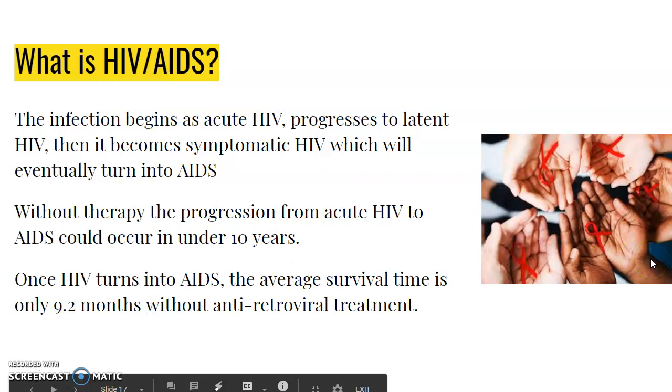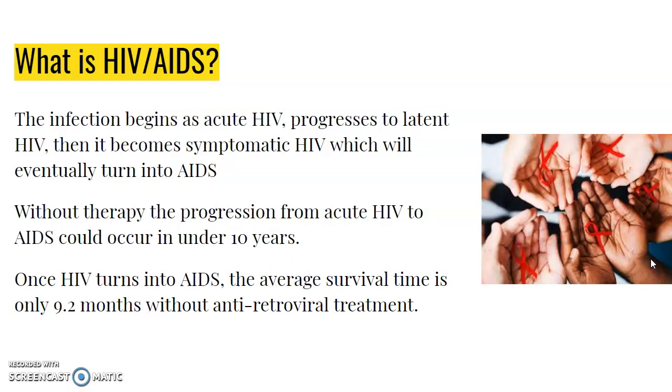What happens with HIV is it's an infection, and you start with HIV, and eventually it turns into AIDS. Most people who develop HIV and turn into AIDS do not die of HIV/AIDS. They actually end up dying of things like the flu or pneumonia, because it reduces your ability to fight infections.